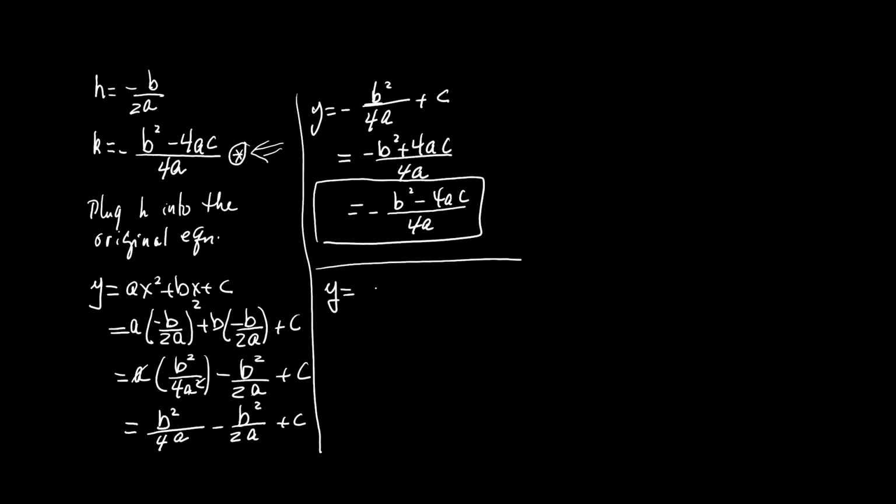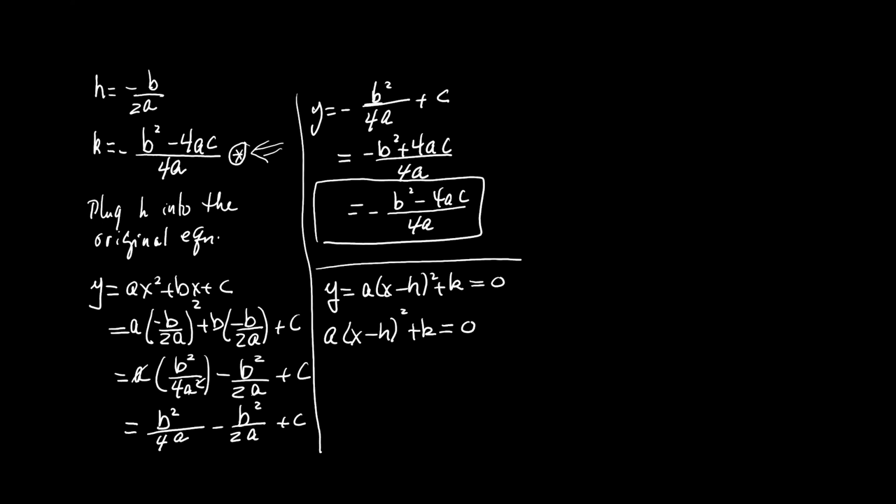Also, so here's y equals a times x minus h squared plus k. And what if I set this equal to 0? Means a times x minus h squared plus k equals 0.